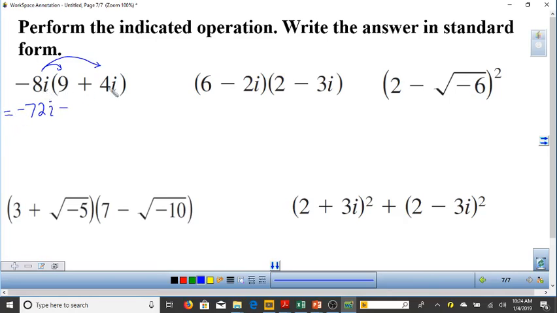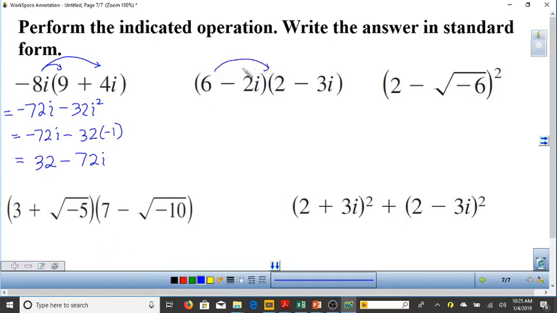And negative 8i times 4i is negative 32i squared. But i squared is negative 1. So we have negative 32 times negative 1, which is positive 32, which is the real part. So we put that first, and then we put the imaginary part afterwards. And that's it.